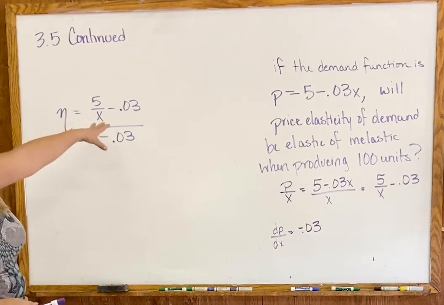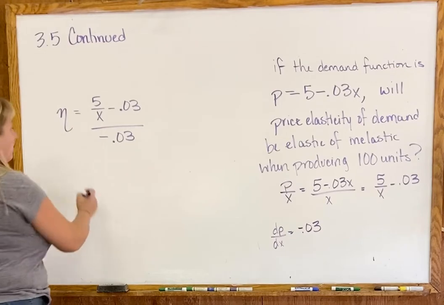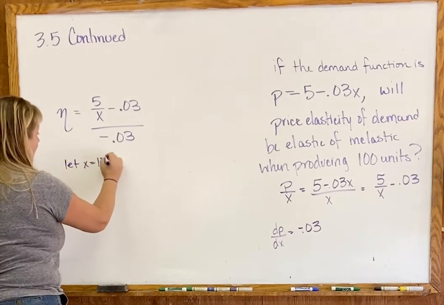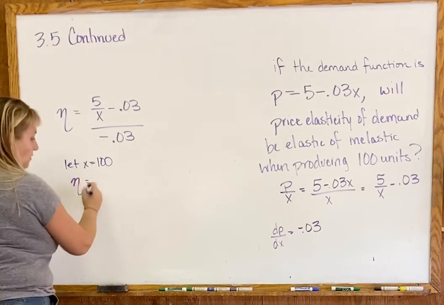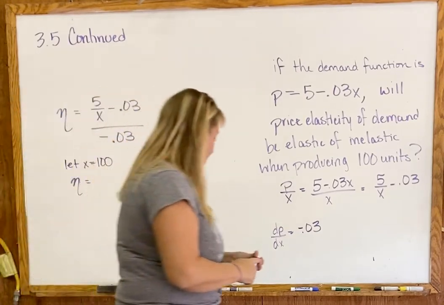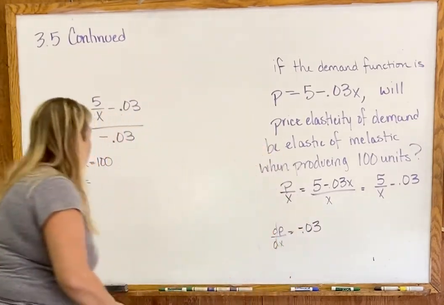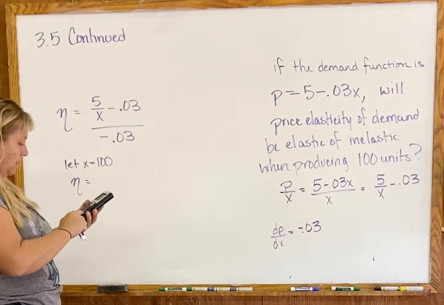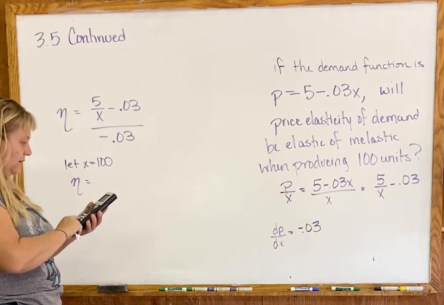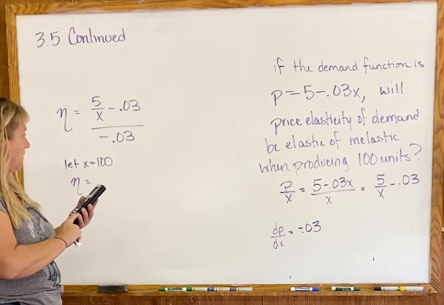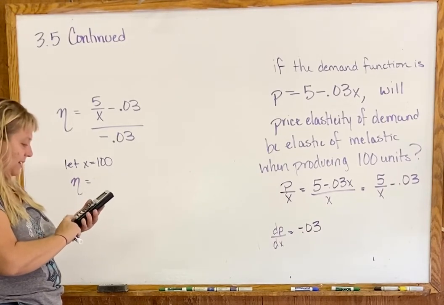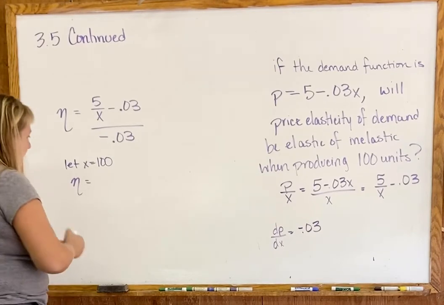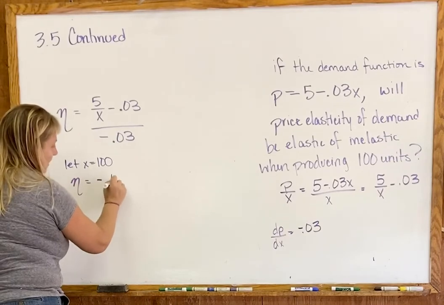So you could continue and simplify this, or you could just say at this point, let x equal 100 and let's see what comes out if we stick in 100 for x. Okay, so let's go 5 over 100 minus 0.03, and then divide that by negative 0.03, and I got negative 0.67.